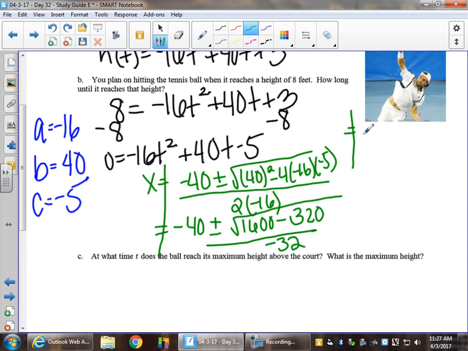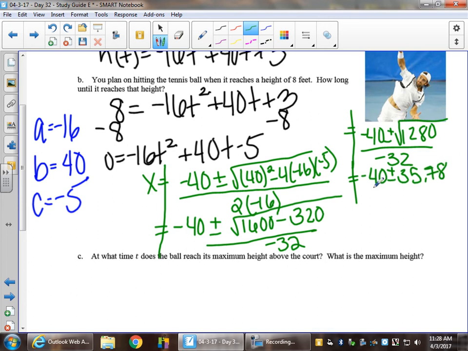Equals. What was it? 1,680. Okay, I got this. Wait. Which is? Wait, slow down. 35.78 all over negative 32.